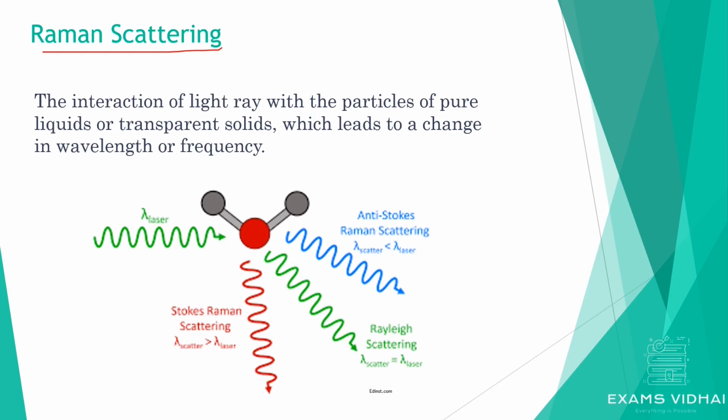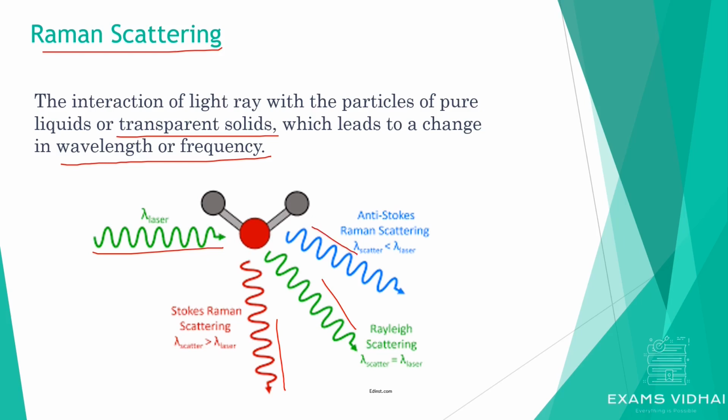Raman scattering. The interaction of light rays with the particles of a pure liquid or transparent solid which leads to a change in wavelength or the frequency of the incident light, then this kind of scattering comes into play. So this is the incident light and these are the scattered light.